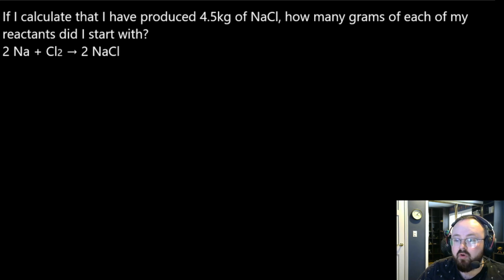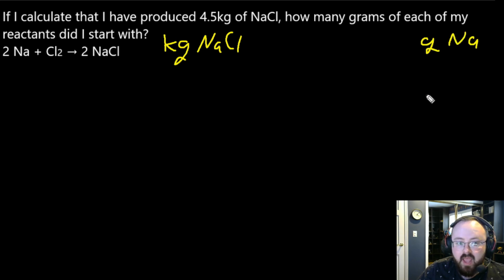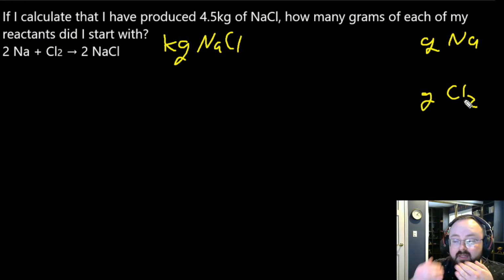And when we're drawing our path here, we are starting with grams, or I should say kilograms, of NaCl. And our eventual goal is to get into grams of Na and grams of Cl2. So there's two parts to this question, because I'm asking for each of the reactants.